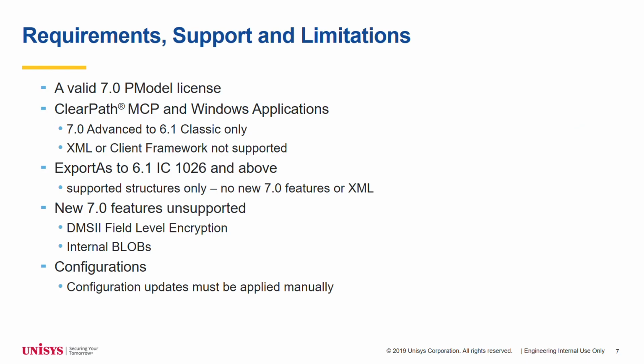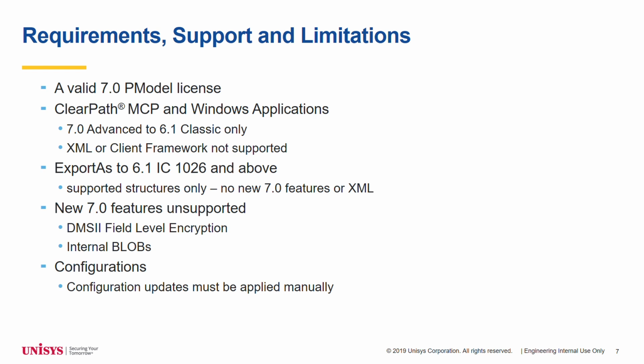Lastly, I'd like to cover requirements, support, and limitations. ExportAs will require a valid 7.0 pmodel license. It will support ClearPath MCP and Windows applications. That is 7.0 Advanced to 6.1 Classic. XML or client framework applications are not supported.